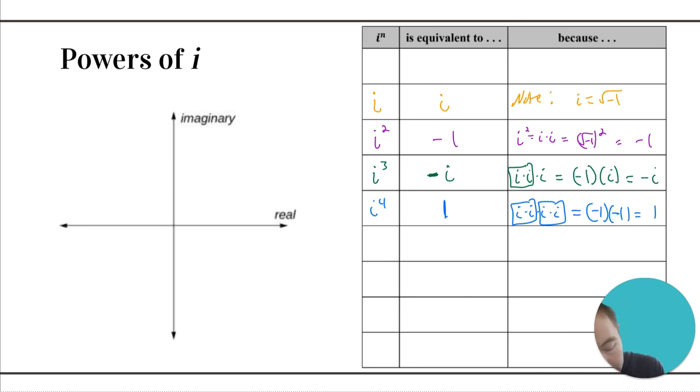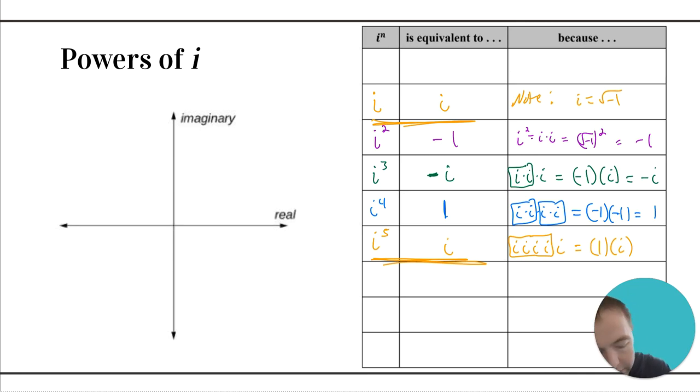And then if we had i to the fifth, that would mean i times i times i times i times i. One identity that we just discovered is that if we multiplied 4 i's together, i to the fourth is going to equal 1. So we really just have 1 times i, and 1 times i is just going to equal i, right? And you'll see that we just got back to where we were at the first power.